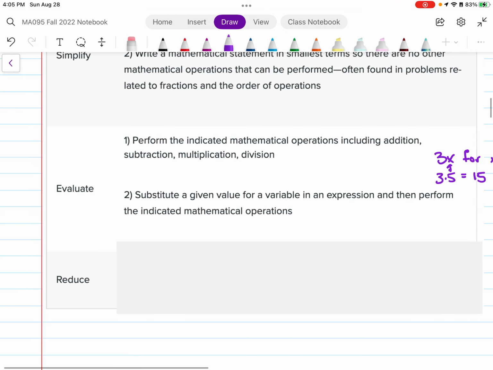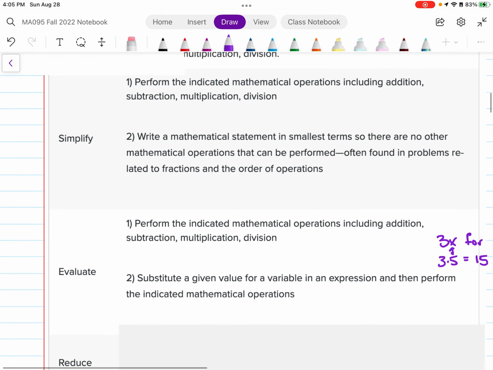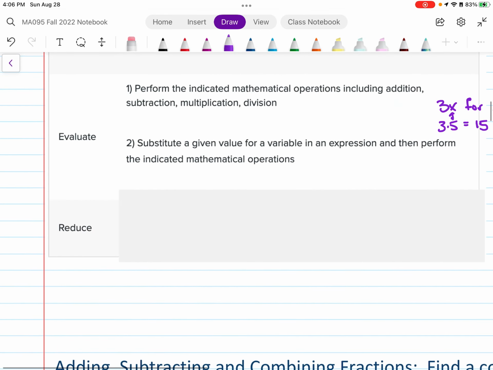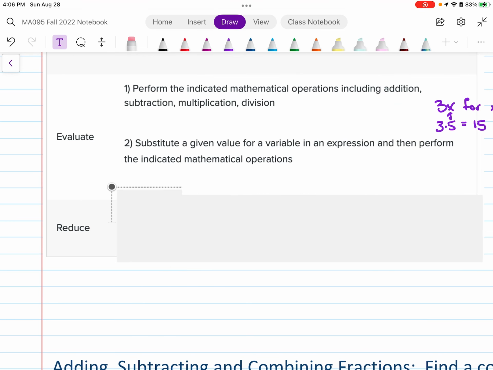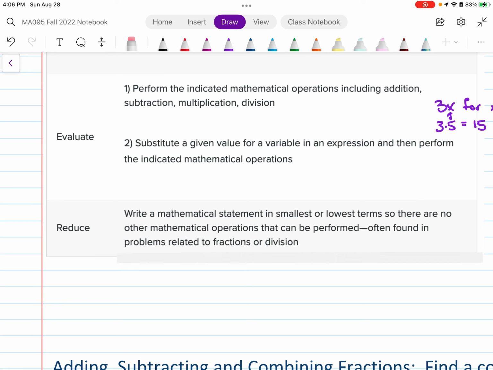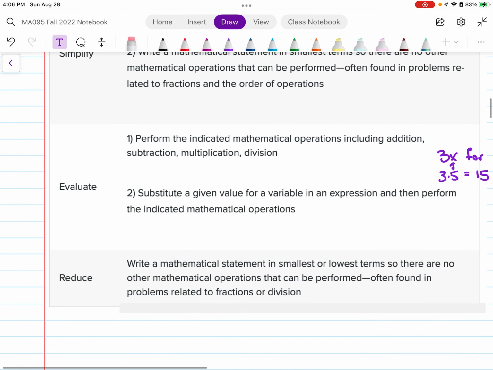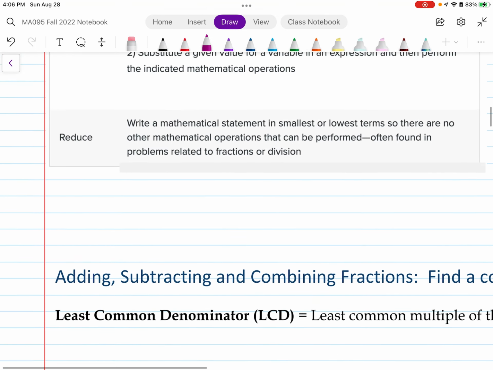Okay, so that's evaluate. Evaluate is quite different from simplify, solve, or find. So solve we'll get to later. Reduce means very much similar to simplify, but it's writing in the lowest terms. So usually that's in fractions or division, and division is fractions, fractions are division. It's the same thing. All right, so I think that's it for those terms, and let's move on.